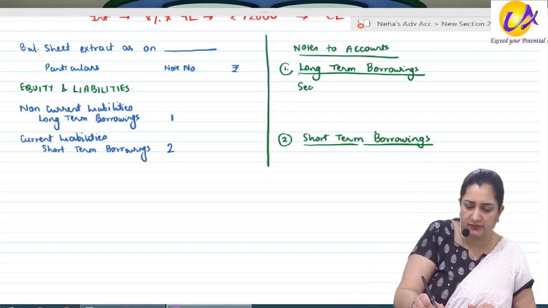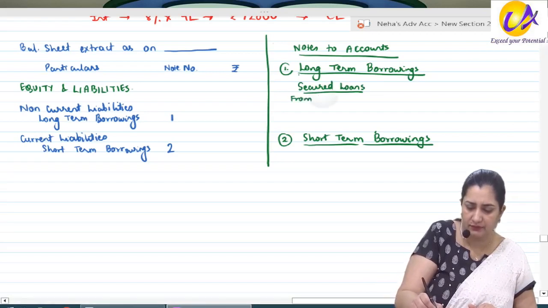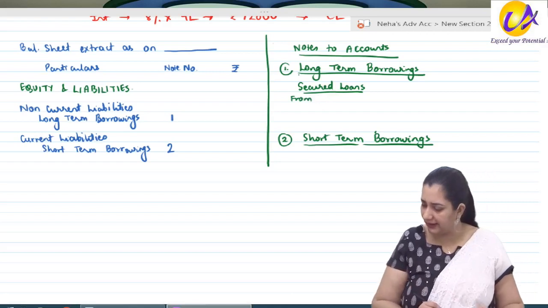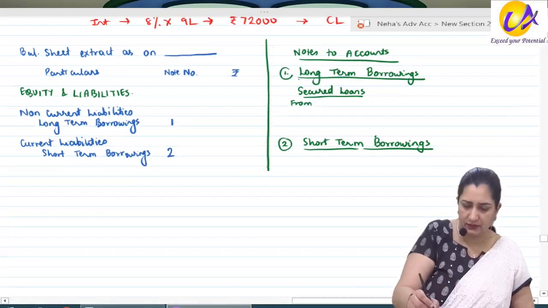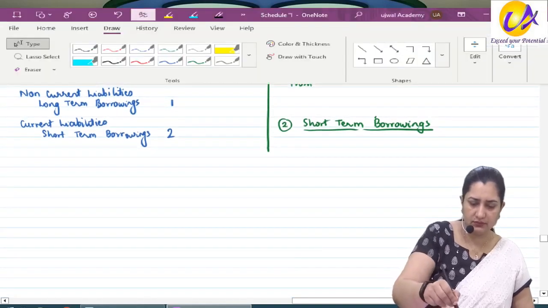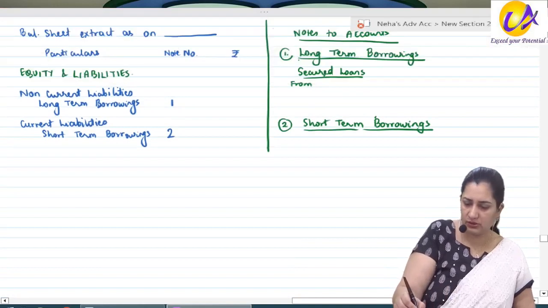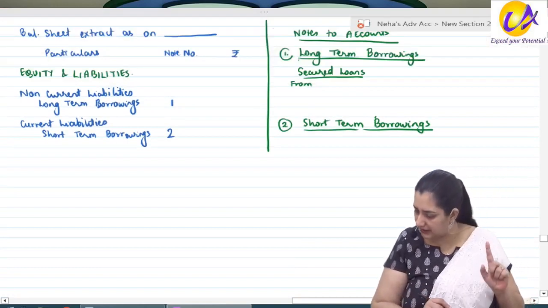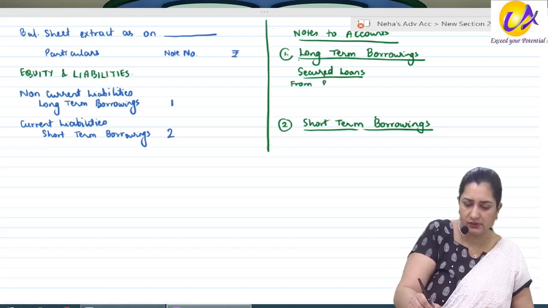Secured loans from bank. They have given from bank, no, from bank is 8,95,000.